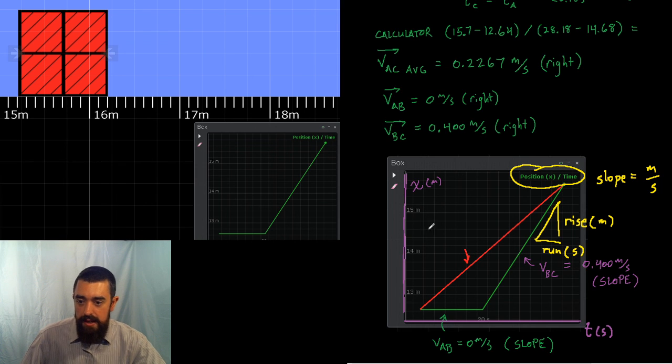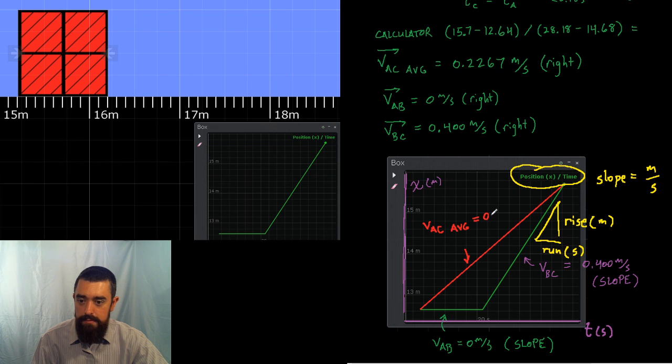Now, what is this red line? This red line is V average from A all the way to C. I've been using a different naming convention: V from A to C, average. This is an average velocity. I'll use no arrow so I can say it's speed. That way I don't have to write the direction.